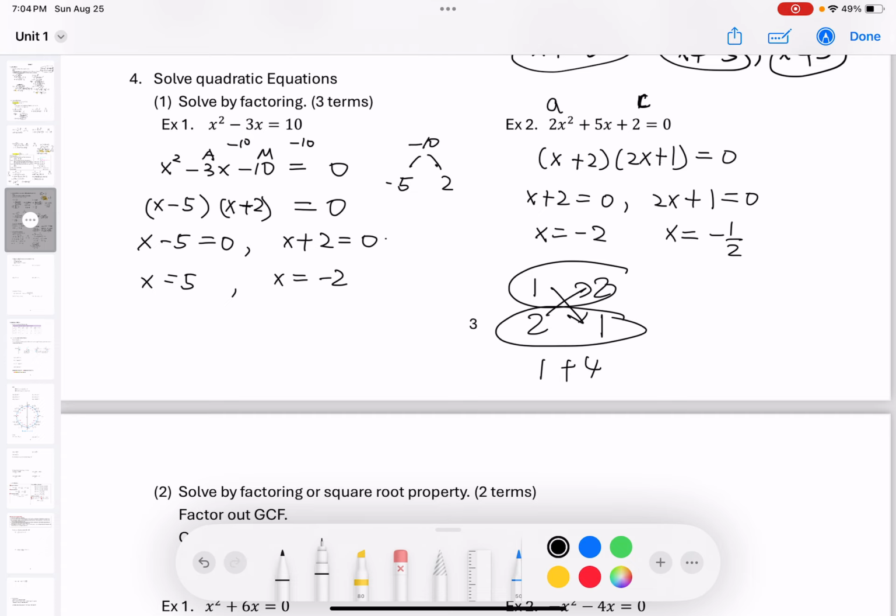And some notations say you can list your solution in set notation. So you can put negative 2 and negative 1/2 inside of the braces. Okay, some of you are using the AC method. Use the AC method.